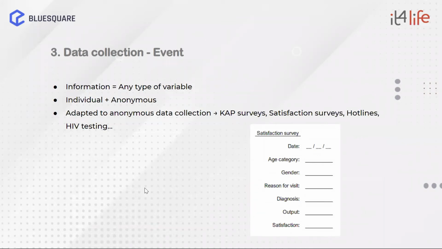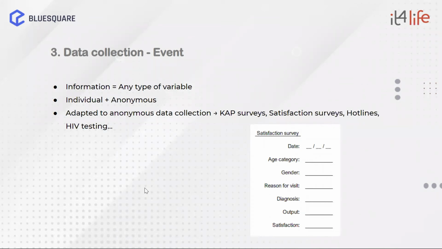The information can be any type of variable. You can have text, codes, numbers, yes and no, any type of variable. It's individual and it can be anonymous also. We don't track the information, the data are not attached to the person.